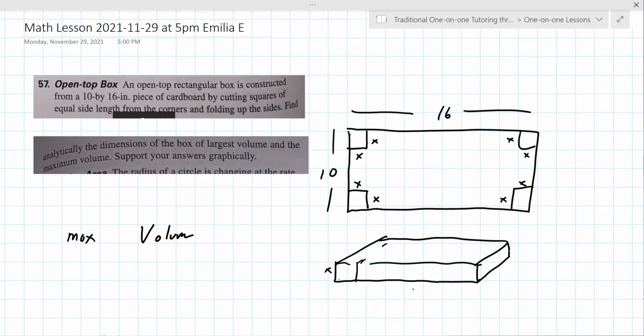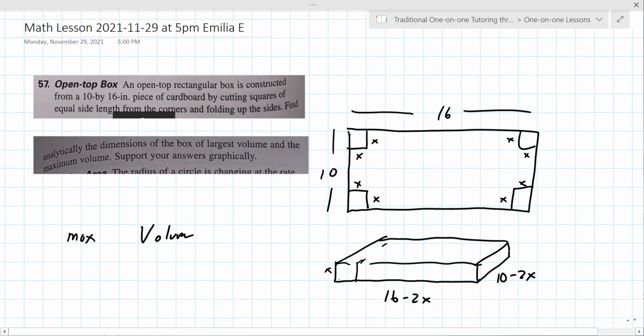The length, or width, whatever you want to call it, is not 16. It's not 10 anymore. It's 16 minus 2x, because you're cutting out from both. And then this is 10 minus 2x, because you're cutting x from both. Is that clear?